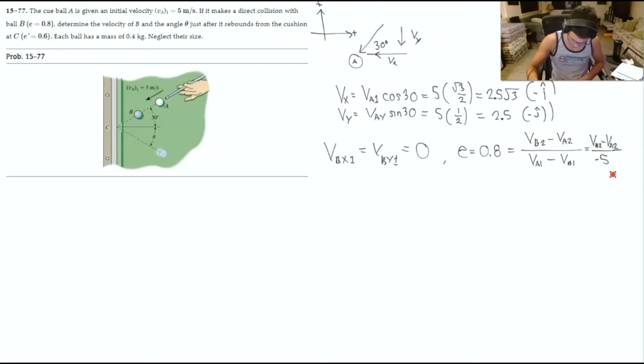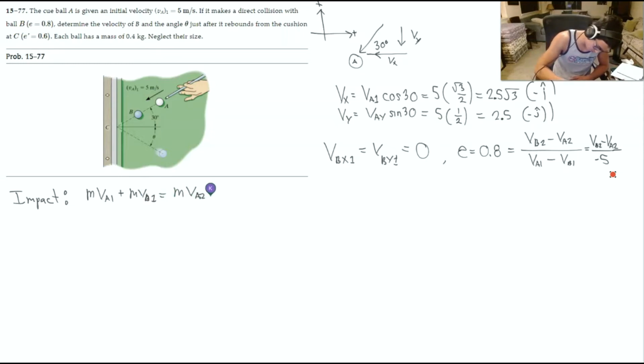So if we write the impact equation, it goes something like this. We have mass VA1 plus mass VB1, and it's equal to the mass VA2 plus the mass VB2.